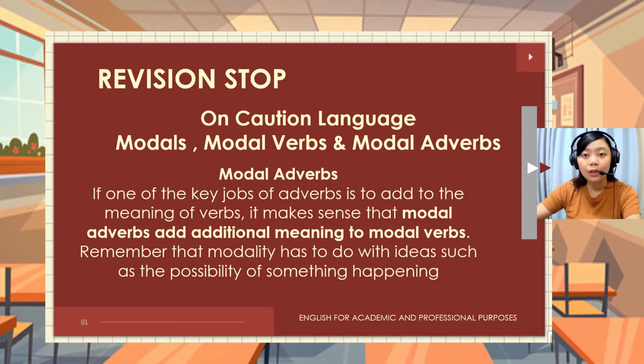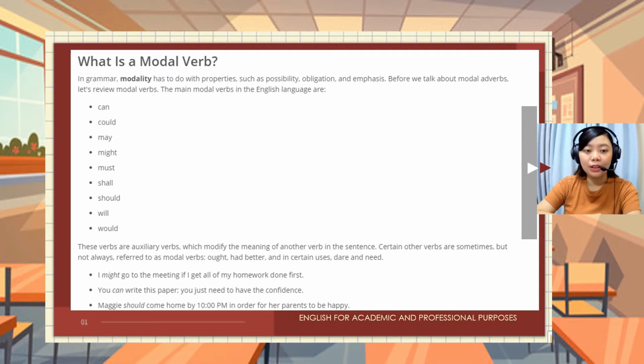So let us define what modal verbs are. What is a modal verb? In grammar, modality has to do with properties such as possibility, obligation, and emphasis. The main modal verbs in the English language are can, could, may, might, must, shall, should, will, and would.